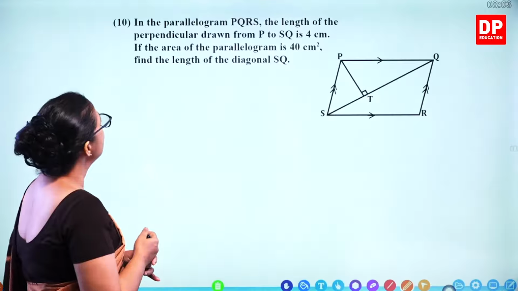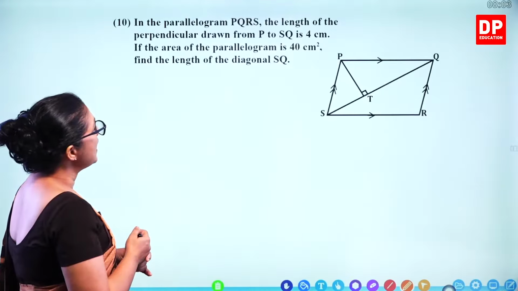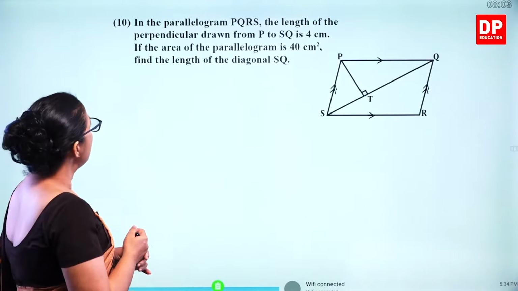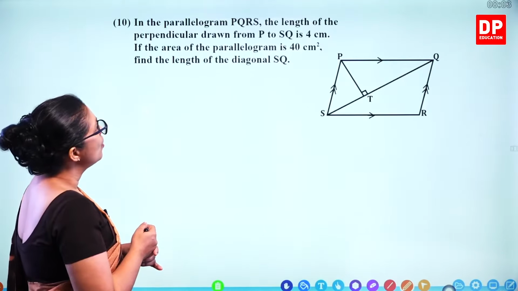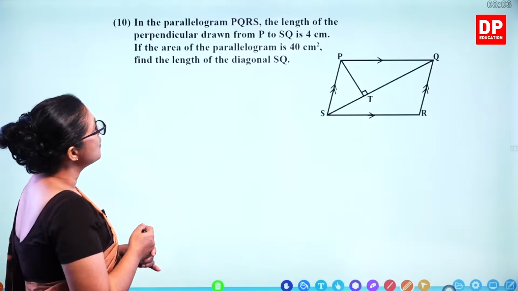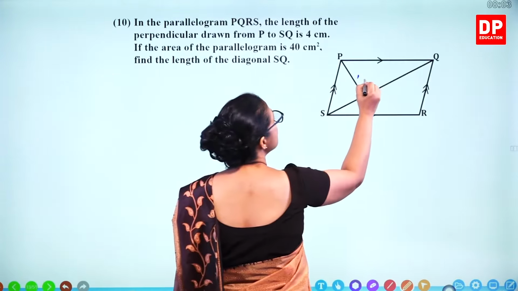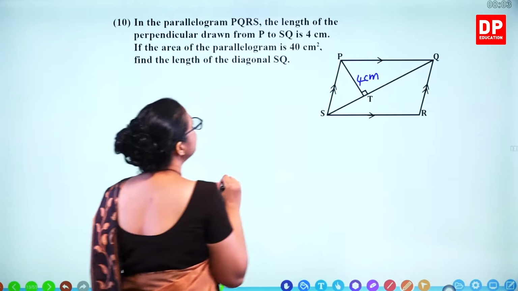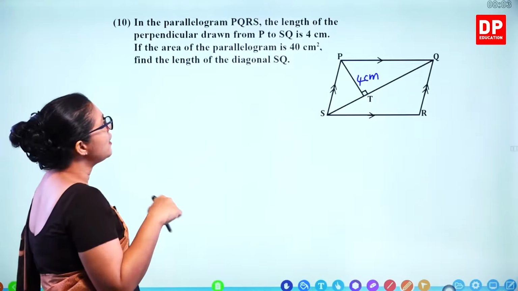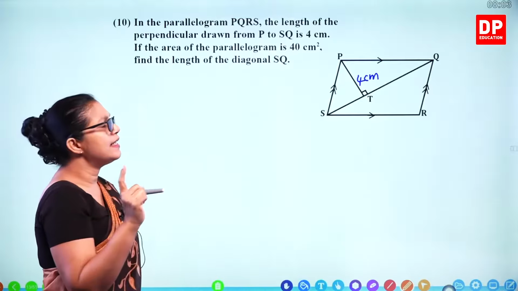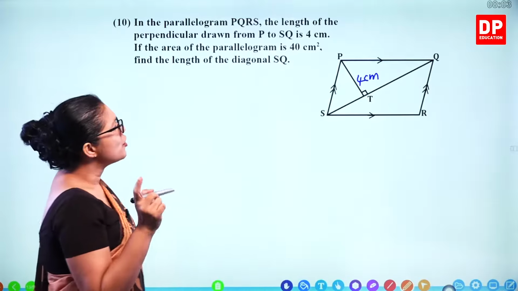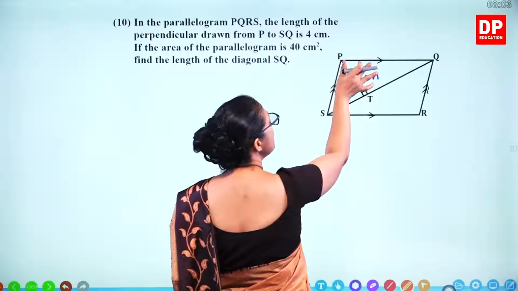Question number 10. In the parallelogram PQRS, the length of the perpendicular drawn from P to SQ is 4 centimeters. So that means this is 4 centimeters. If the area of the parallelogram is 40 square centimeters, find the length of the diagonal SQ. So what do you know about the area of these triangles?